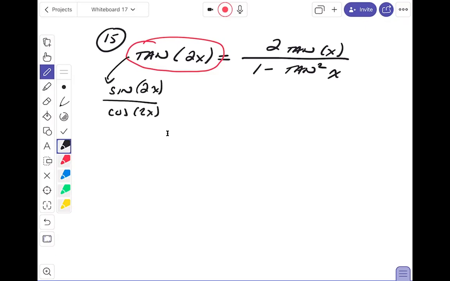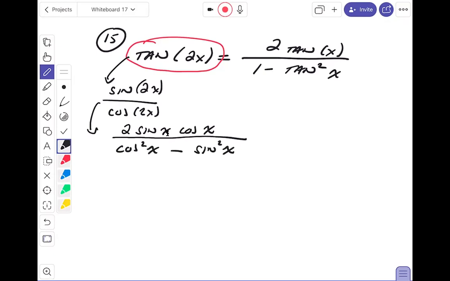That's not so bad. I can do that. And what's this give me? Get my eraser out. And that would give me, let's see, 2 sine x cosine x. That's not so bad. Now what's the bottom identity? I guess that would be cosine squared x minus sine squared x.